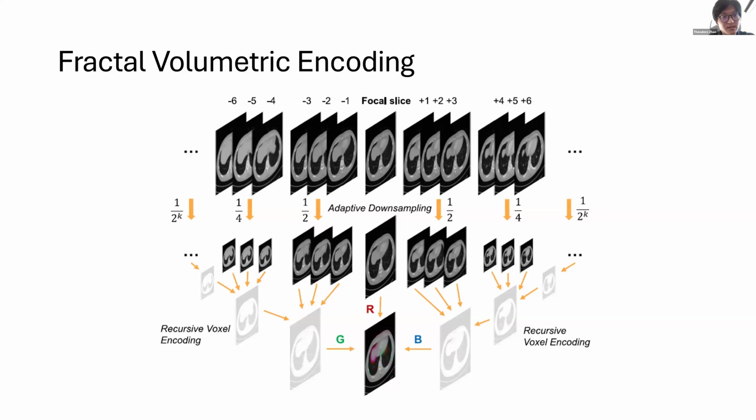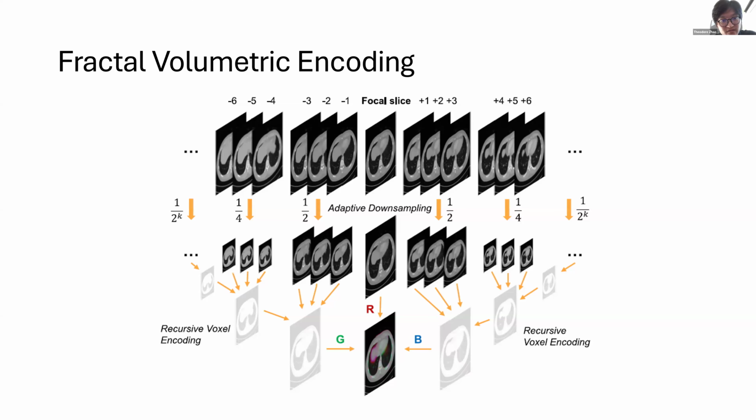This is the so-called fractal volumetric encoding. So we have one focal slice, and we have some neighboring slices, 1, 2, 3, 4, 5, 6, and so on and so forth, in two halves of the 3D context.